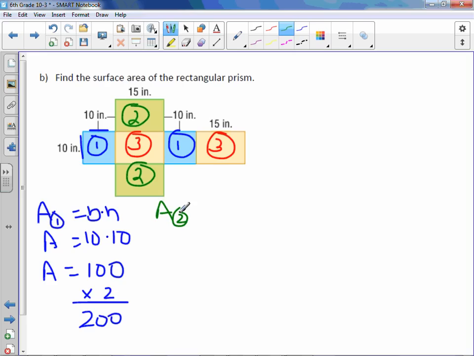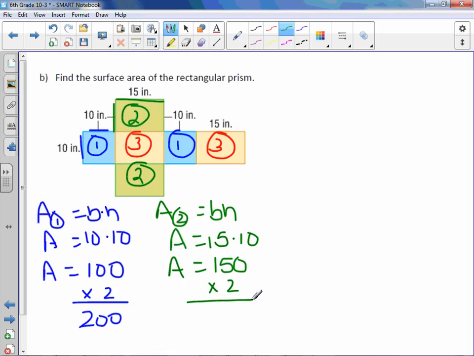On to the green faces. Also rectangles. Area equals. We have our base and height as 15 and 10. So 15 times 10 is 150. And there are 2 of them, so multiply by 2, and we get an area of 300. Our third rectangle, we have a base matching 15 and a height matching 10.